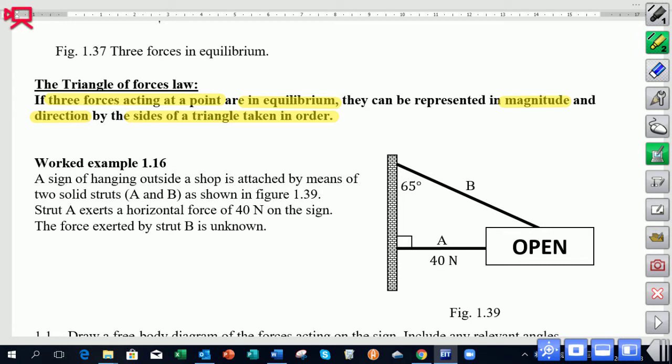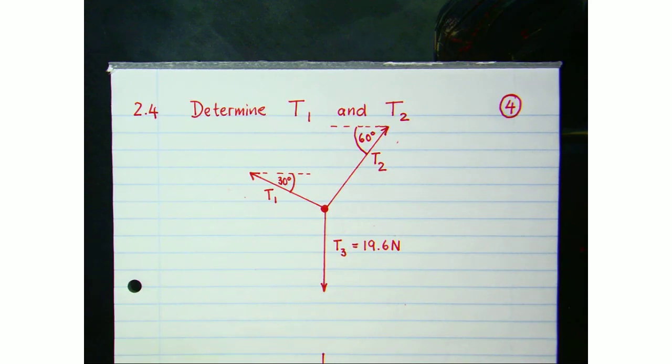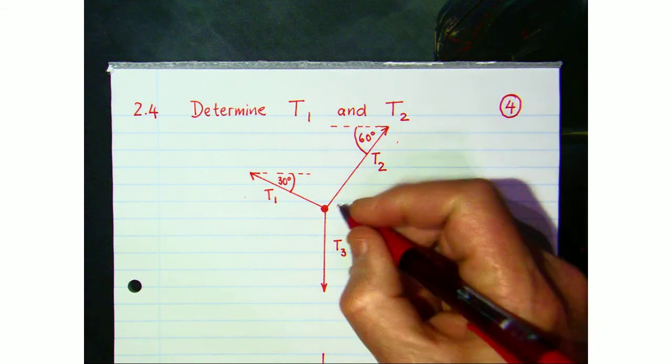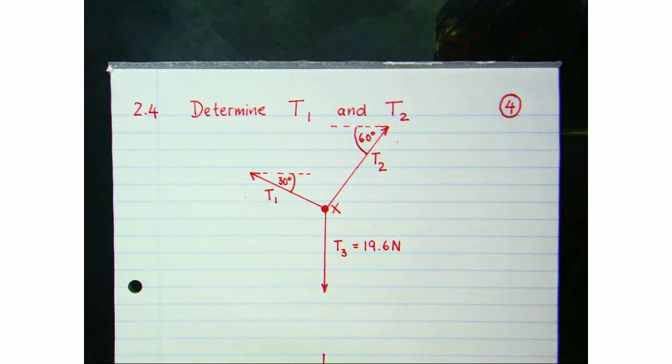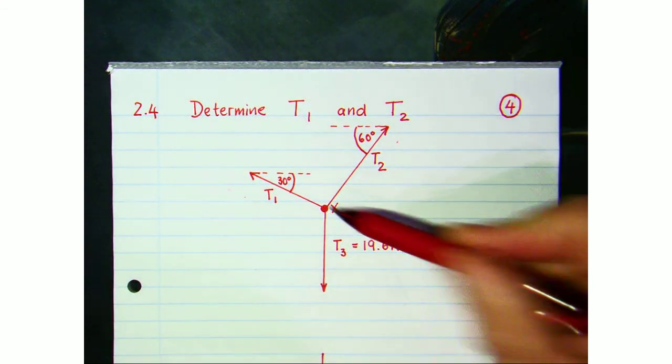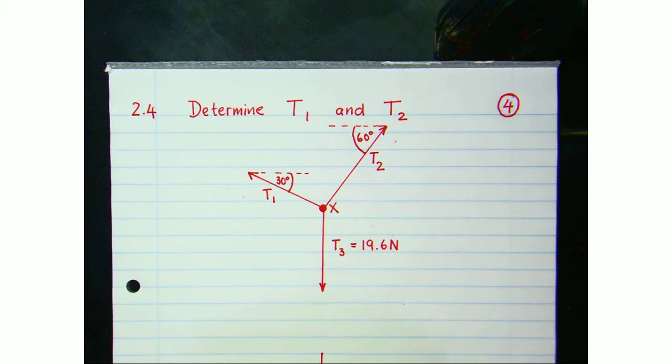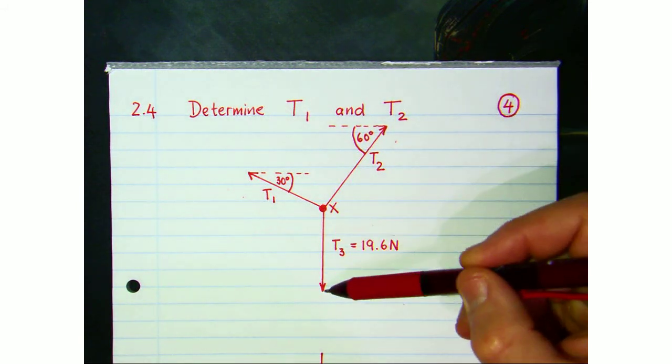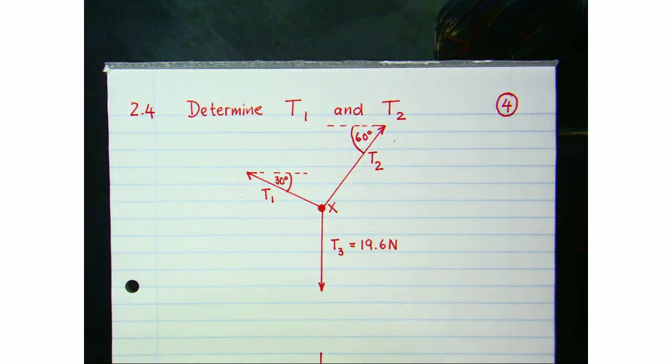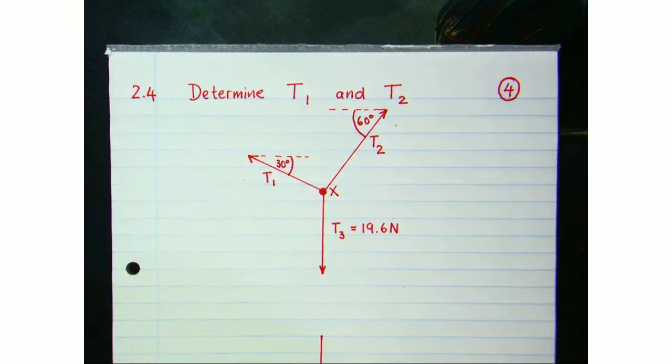So what is that saying? If we go back to our diagram, we've got three forces acting on a point X, and we know that that point is at rest, so it's not moving, so the net force is 0. So these three forces are in equilibrium. And the law says that we can represent these three forces as the three sides of a triangle taken in any order.